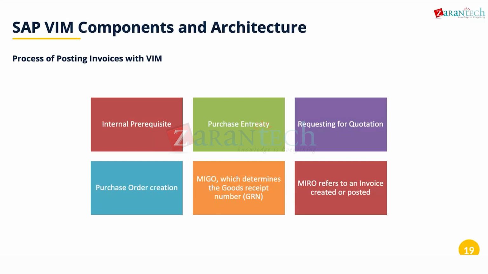That is converted into RFQs or quotations, where a purchasing team reviews all the purchase requisitions, sends quotations to different vendors, accepts quotations from different vendors, finalizes one vendor, and converts that purchase requisition into a purchase order.